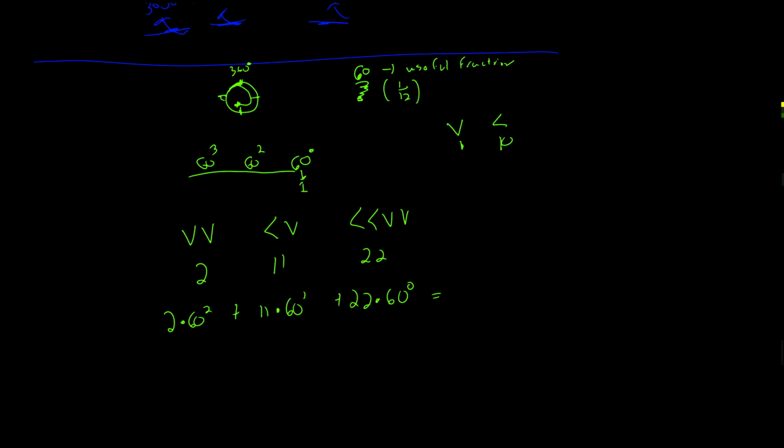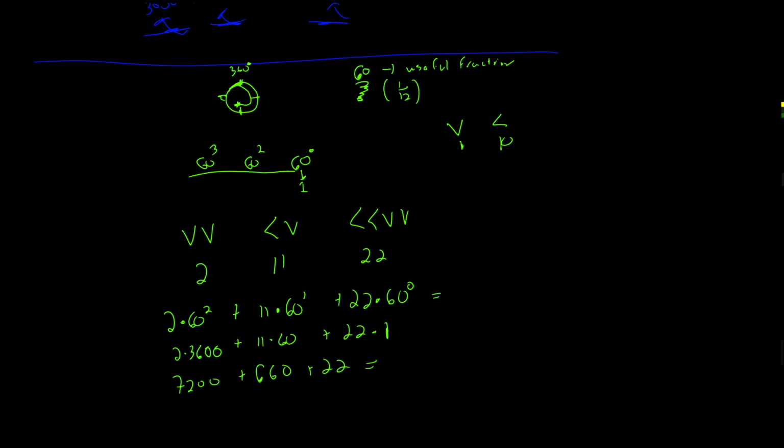And 60 squared is 3,600. So this is 2 times 3,600 plus 11 times 60 plus 22 times 1, or 7,200 plus 11 times 60. What is 11 times 60? 6 times 11 is 66, a 0 on the end, 660 plus 22.